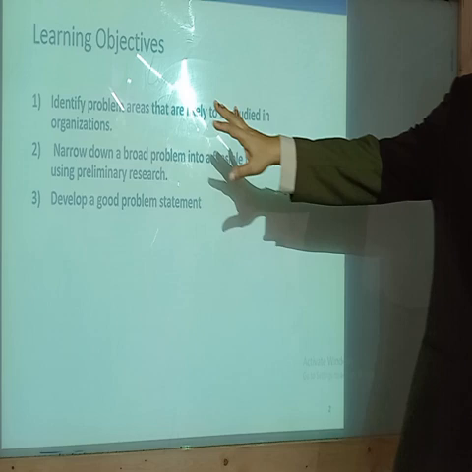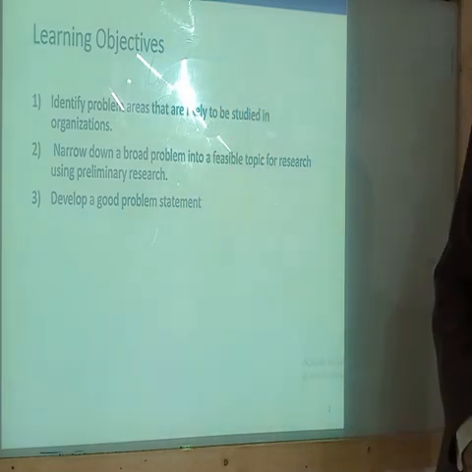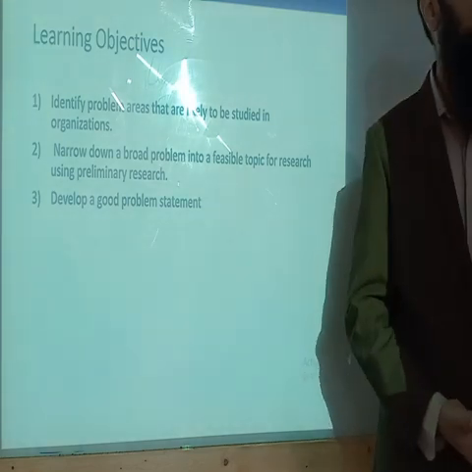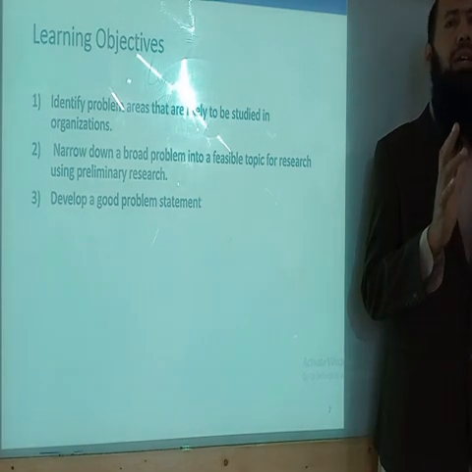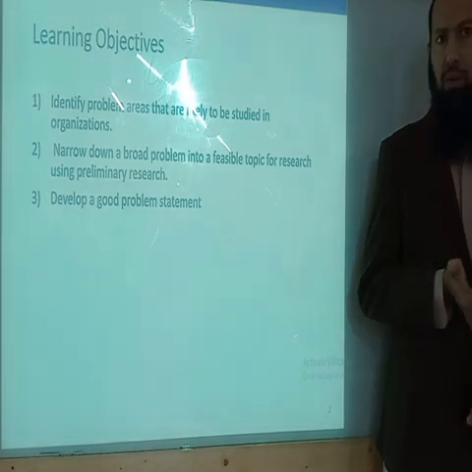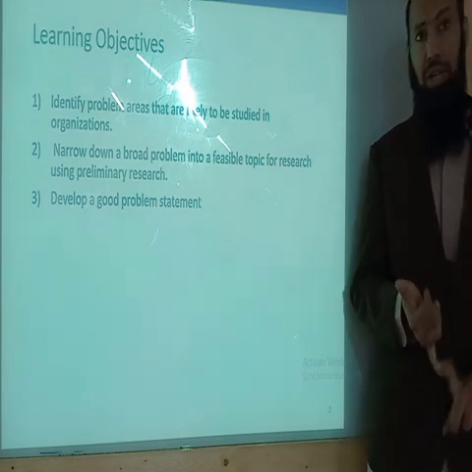So problem areas: we would identify the problem area and narrow down to preliminary research, the research which is required to reach the problem statement. Basically, there are two times when we have to read the literature.